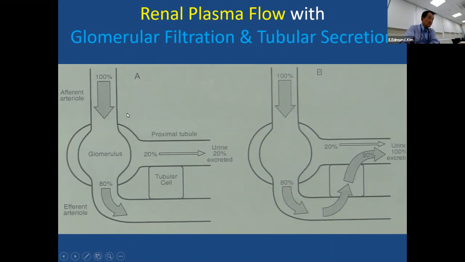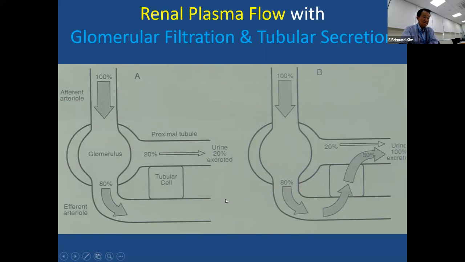If something comes here, 100% in the glomerulus, it is filtered; 80% with most DTPA or other chelation agents, but 20% goes out into the tubule for tubular secretion, and some is reabsorbed.